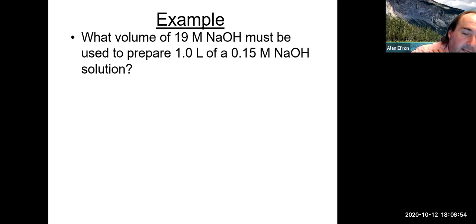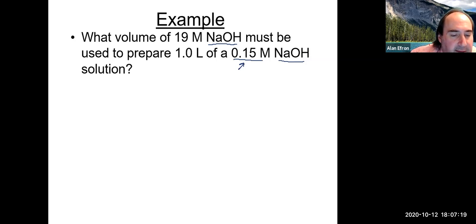So let's take a look at this. We just kind of draw, just so everybody understands hopefully what is going on here. So basically we have 19 molar sodium hydroxide and we want to make 0.15 molar sodium hydroxide. First off, there is no reaction that's really happening here. We're just taking a solution that is more concentrated at the 19 molar and making it less concentrated at the 0.15.